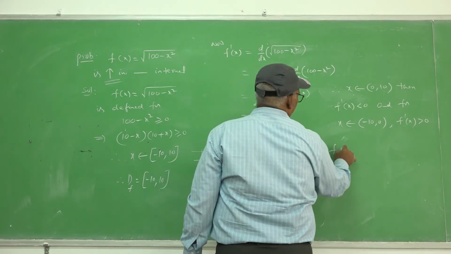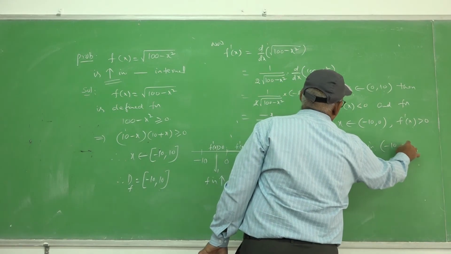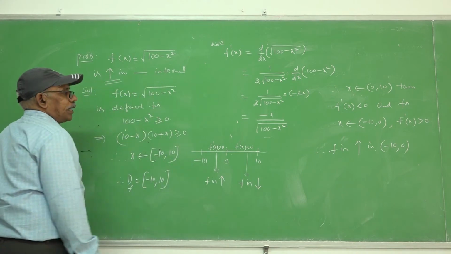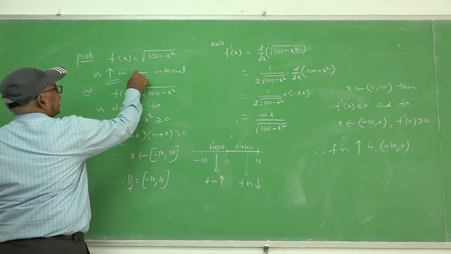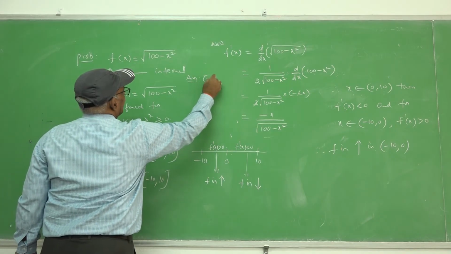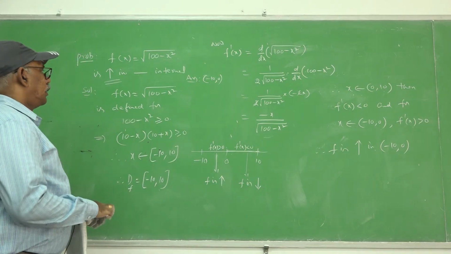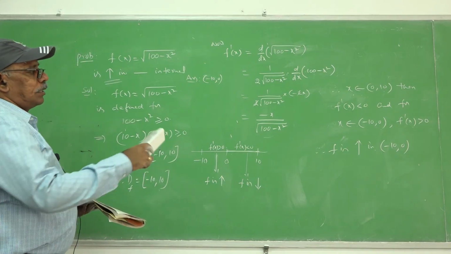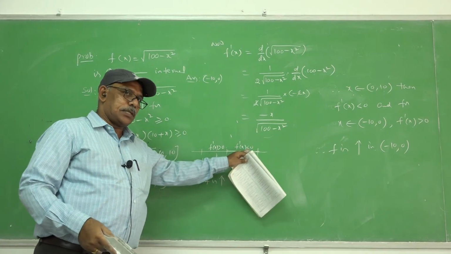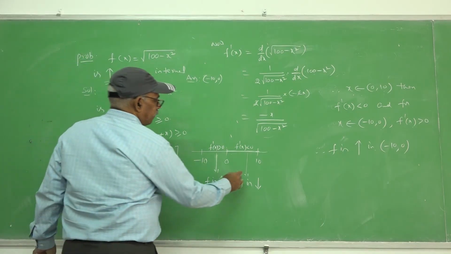Therefore f is increasing in the interval minus 10 comma 0. So the right option, the answer is minus 10 comma 0. Whereas the function is decreasing in the other interval 0 to 10, because f dash x is less than 0 in such case.